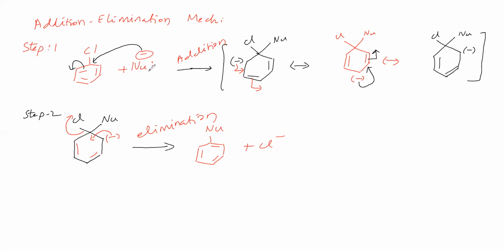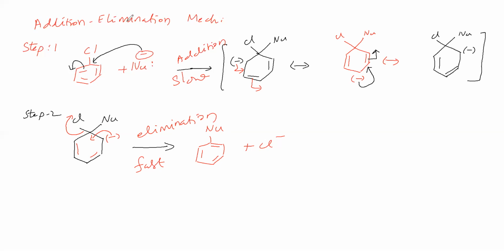Even then, when the nucleophile attacks, it will be a slow step. Then Cl minus leaves, and we get this compound; therefore it is a fast step. This is called the addition elimination mechanism. First addition is possible, then elimination is possible.